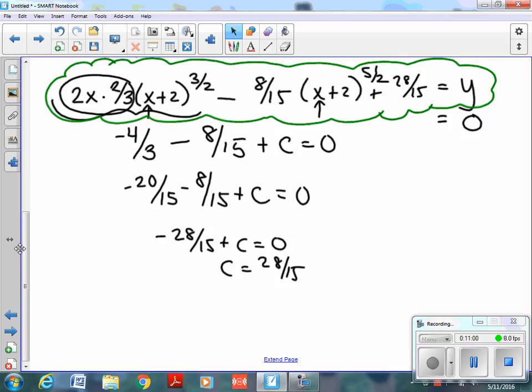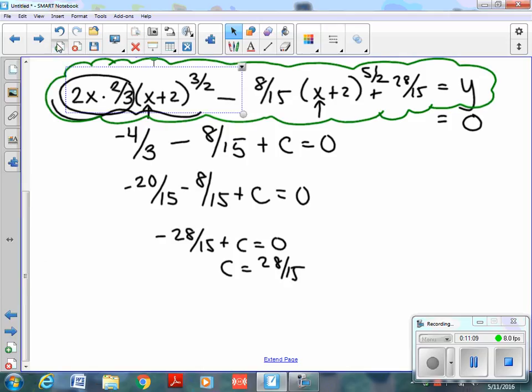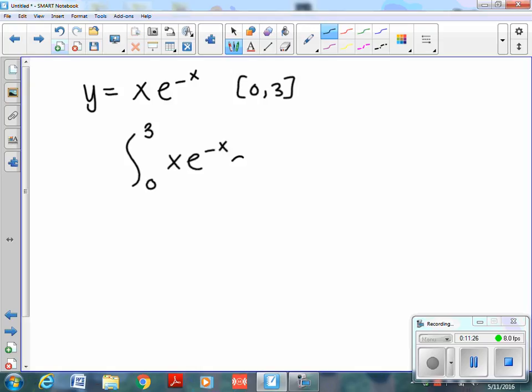Okay, now I'm going to start adding points in, and you're going to see how drastically harder they get. So here's my next one. y equals x e to the negative x from 0 to 3. So I'm going to integrate from 0 to 3 x e to the negative x dx.